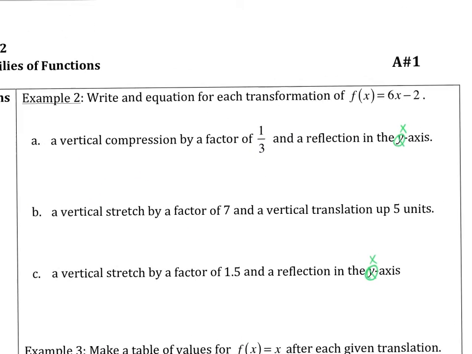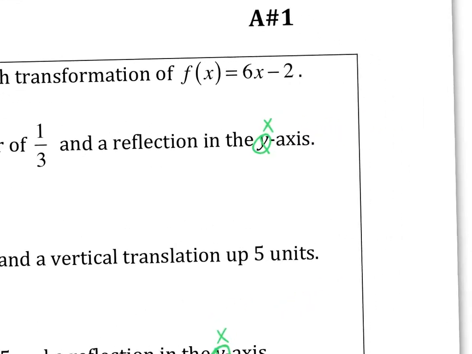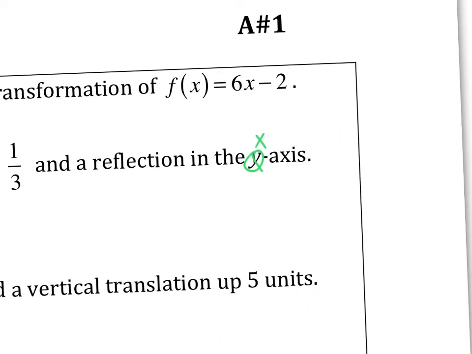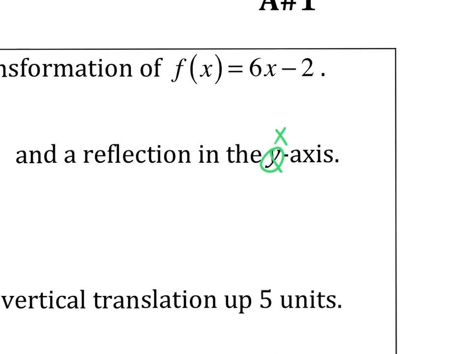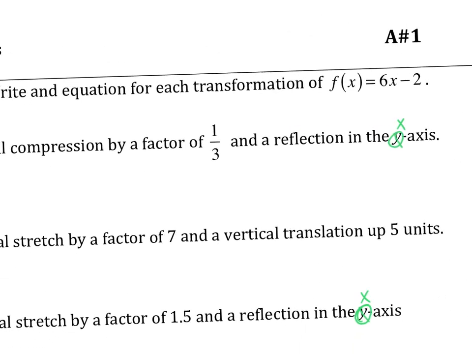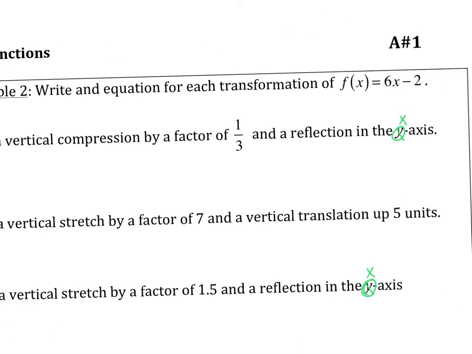So a skill that you're going to have is you have a given function, and what you want to do is translate that. So we're not translating from the parent function, we're translating from a given function, okay? So the given function here is 6x minus 2. And I want to do a vertical compression, which means I am going to multiply outside.